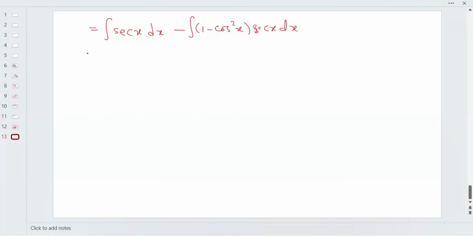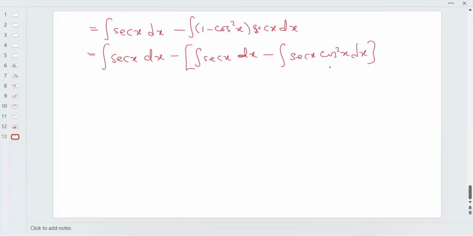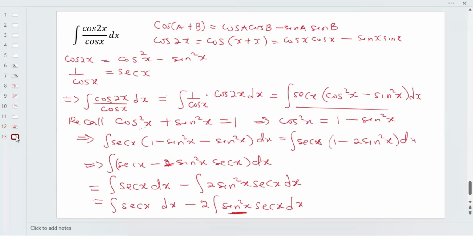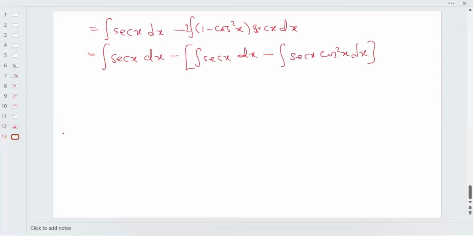So this gives us the integral of sec x dx minus, I'm just going to do this bracket here so that this becomes sec x minus the integral of sec x cos squared x dx. Don't forget that we have a 2 here, so I put the 2 back.